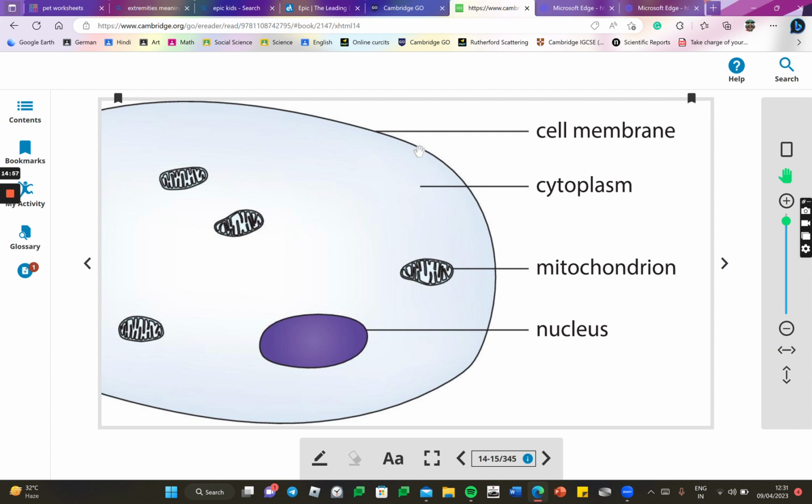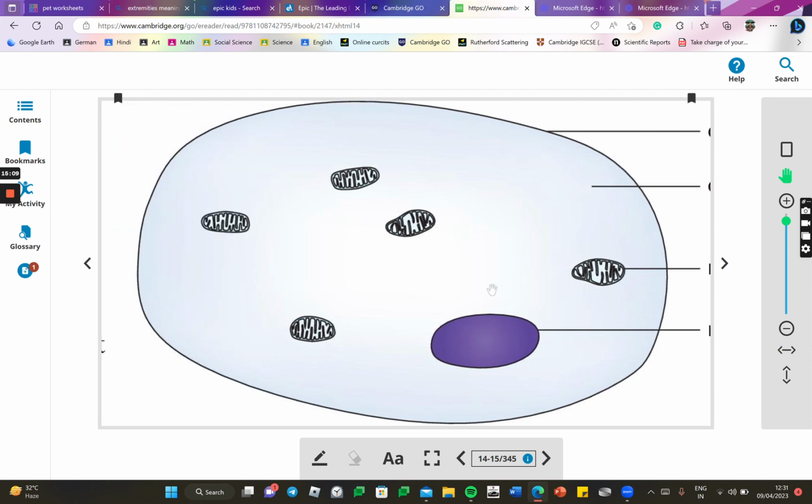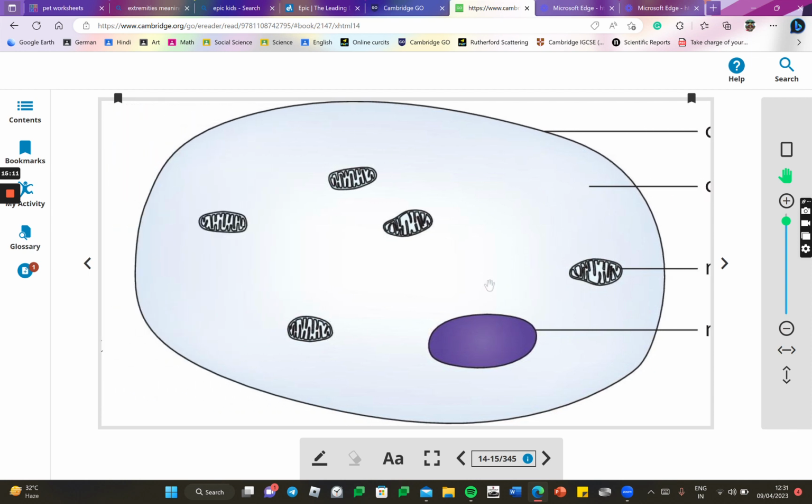Now, an animal cell does not have a cell wall. You would be wondering, why does it not have a cell wall, because plant cells had it. The reason is we all have a covering on our body. For example, humans have clothes on their body, right?